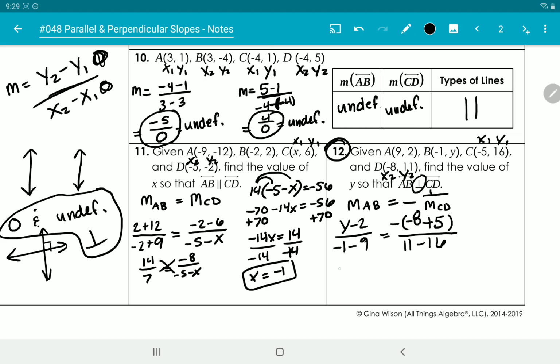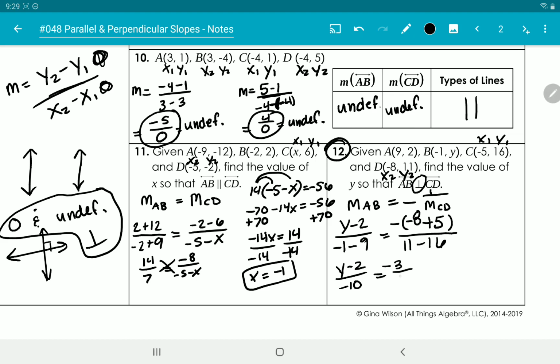Okay, so we're going to have y minus 2 divided by negative 10. Okay, is equal to negative 8 plus 5 is going to give us negative 3. But negative 3 is going to be positive 3 divided by 11 minus 16 is going to be negative 5.